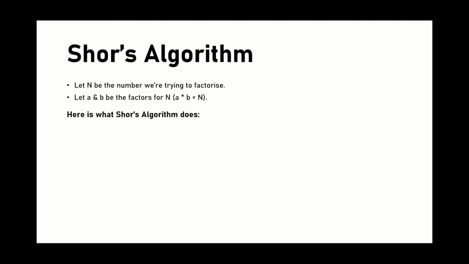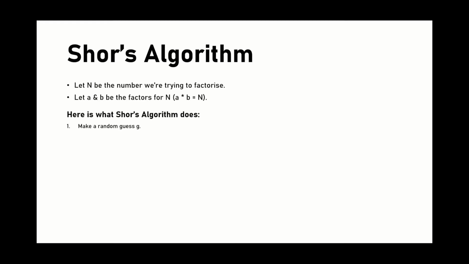So here is what Shor's algorithm entails. We start off by making a random guess g. Not much better than classical computers right now, but here's where the magic begins.